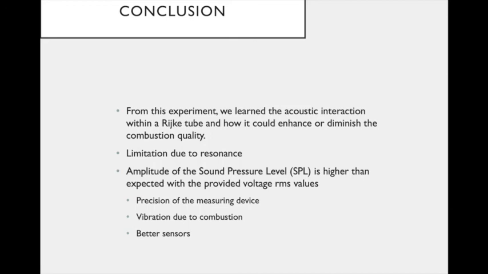It could also come from vibration due to the combustion, since earlier we learned that the vibration of the combustion could very much influence the pressure reading, since all the pressure sensors are very sensitive to any vibration coming along from the tube. We also could acquire better sensors for the measurements, and this way we could help reduce the margin of error and get a reading closer to the actual performance of the Rijke tube.